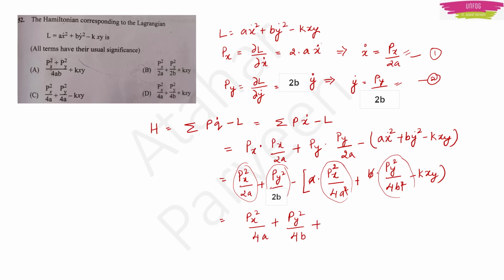Minus into minus will be plus kxy. So px square by 4a plus py square by 4b plus kxy. Option D is the right answer.